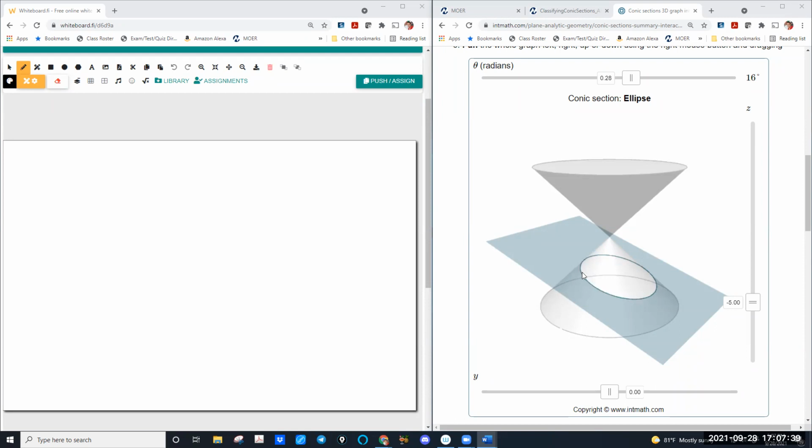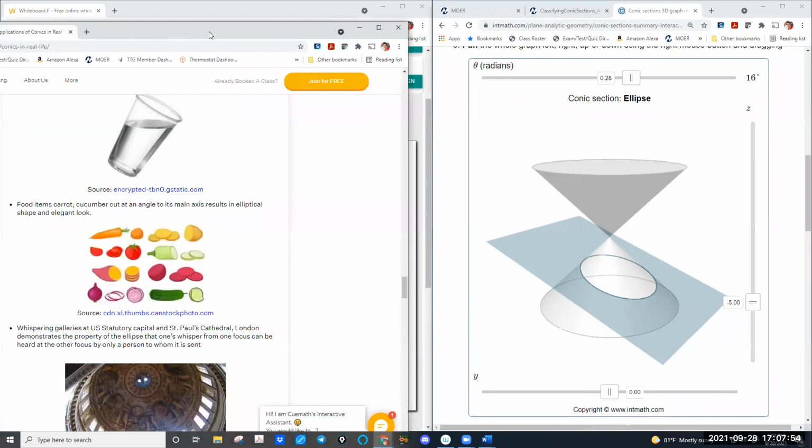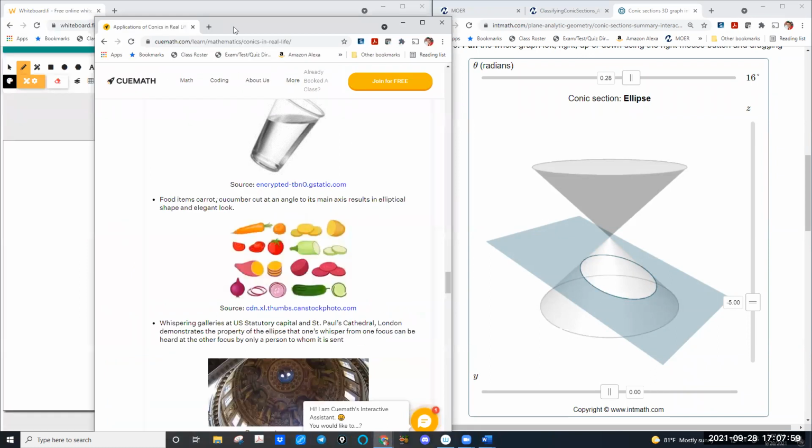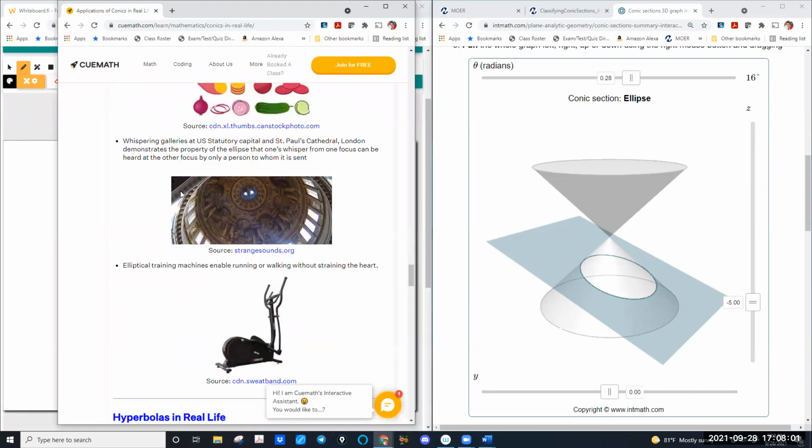There are buildings that are built that have an elliptical shape. And what's interesting about those buildings, let's see if I have a picture of one. Yeah. So I got a few pictures. They call them whispering galleries. The Mormon Tabernacle is also one.